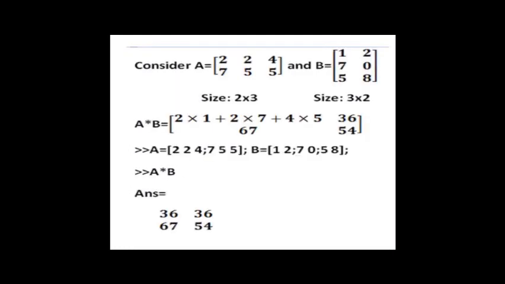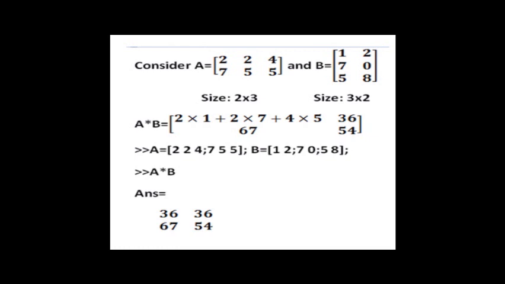In order to implement vector multiplication, let us consider matrix A, which is of size 2 by 3, and matrix B, which is of size 3 by 2. So their matrix product or vector product, of course, is not element by element. It will be 36, 36, 67, 54.